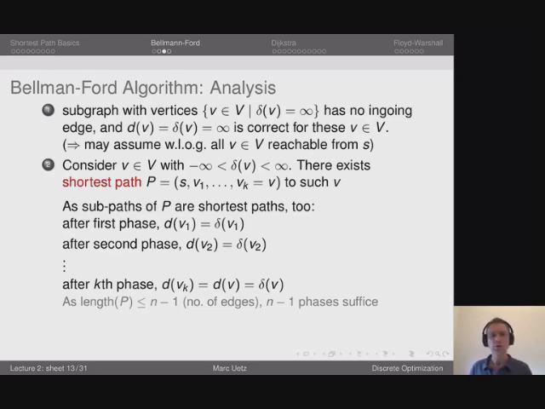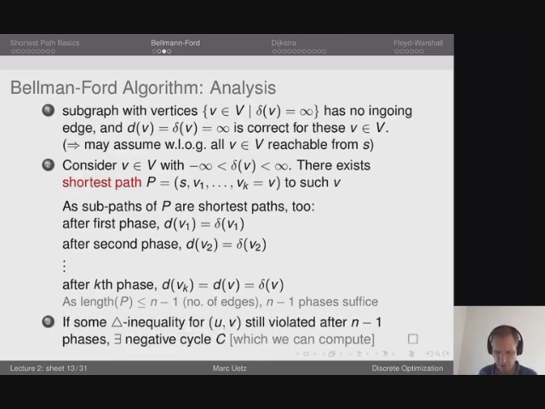Okay, so we are almost done, but there is a little bit more that we can observe, namely what happens when there are negative length cycles in the graph. Well, if there are negative length cycles, it will actually be the case that the triangle inequality is still violated after these n minus 1 phases. Okay, so we have the situation as follows.